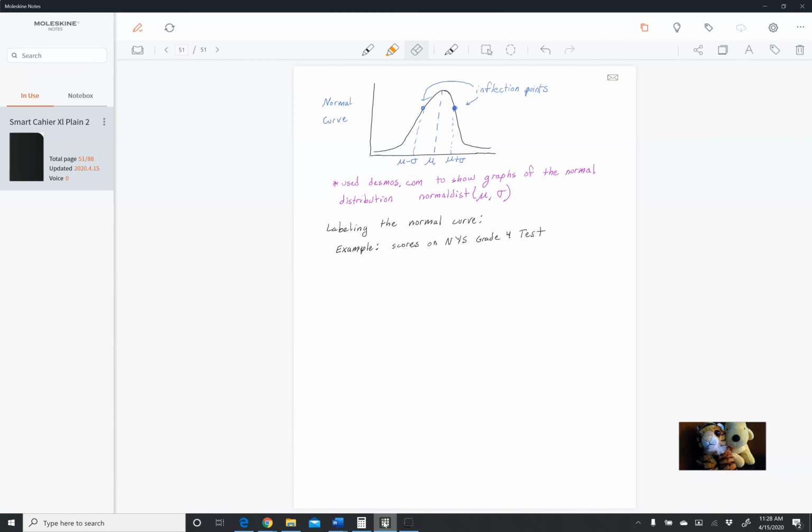Most of you have grown up in New York State, but for those of you who don't know, every year you take a state test starting in grade 3, and it's uniform across New York. So we're talking about the scores on this New York State test. And let's say that they're normally distributed. They're not always going to be normally distributed, but let's say that they are.